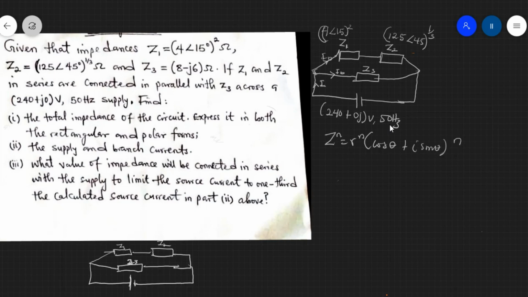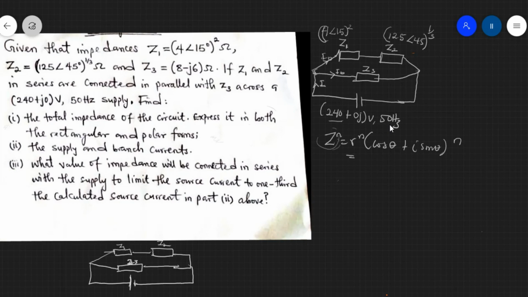What I'm simply saying is that if an impedance is raised to a certain power, this power will affect both the modulus and the theta. So the power applies to the r, and the power is also distributed in the cosine and the sine form as well. So it's going to be r raised to n, cos n theta plus i sine n theta.